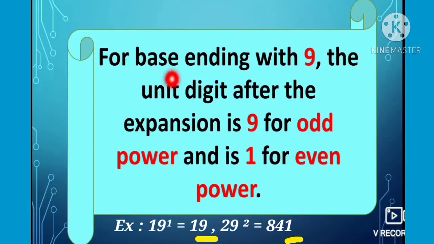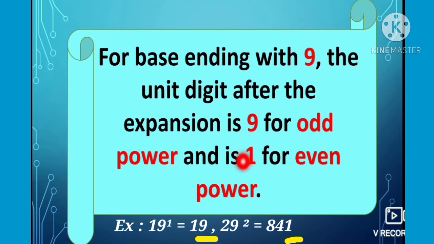For the base ending with 9, the unit digit after the expansion is 9 for odd power and is 1 for even power. For example, students, let us take 9 power 1. That is, 1 is odd power. 9 power 1 is 9, so we get the unit digit as 9.